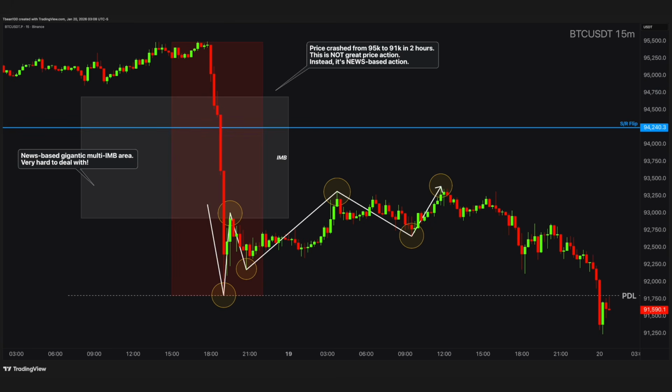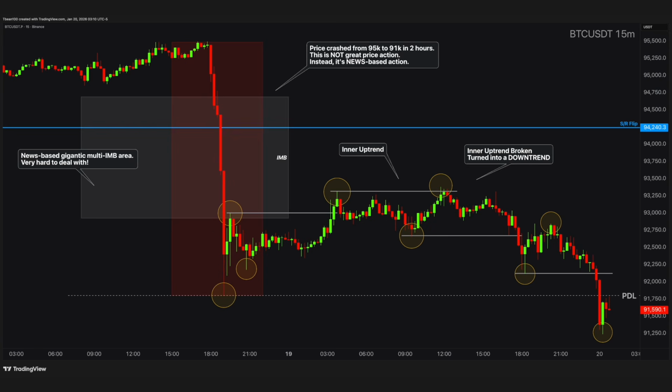After a big news drop, price usually starts to pull back with an uptrend first, creating small higher highs along the way. That inner uptrend then breaks and turns back into a downtrend again to hunt the PDL, which is the previous day's low below in this example. So in this case, the trade does work out. But the real problem with this news-related price action is the uncertainty.